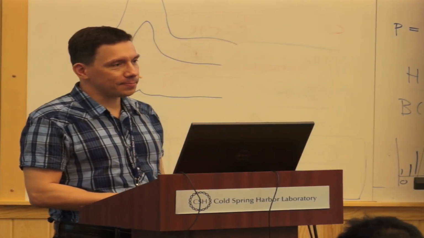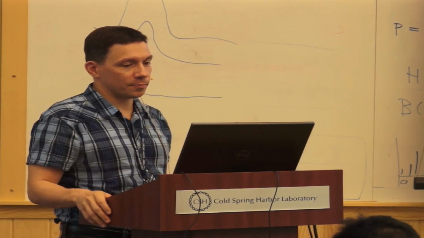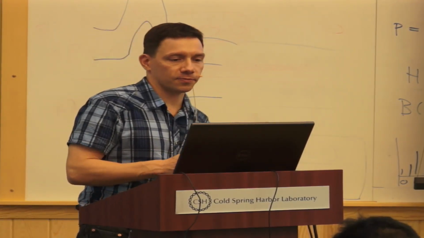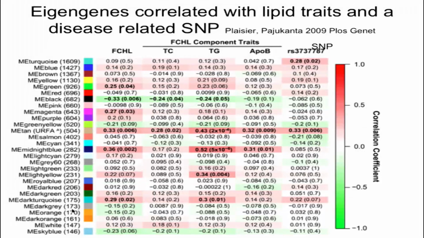All right, let me come to one application so that you get a sense of what this looks like. Here, my colleagues, Chris Plaisier and Päivi Pajukanta, studied hyperlipidemia in human beings, and they had adipose tissue samples from 75 human subjects and measured gene expression data. They found these modules indicated in the rows, and each module is summarized by its module eigengene.